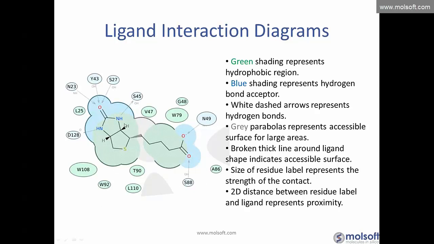So green shading represents hydrophobic region, blue is hydrogen bond acceptor, white dash arrows represent hydrogen bonds, grey parabolas represent the accessible surface area. So broken lines indicate there's a space here. And the size of the residue label, for example here, tryptophan, large, small, indicates the amount of contact between the ligand and the receptor.